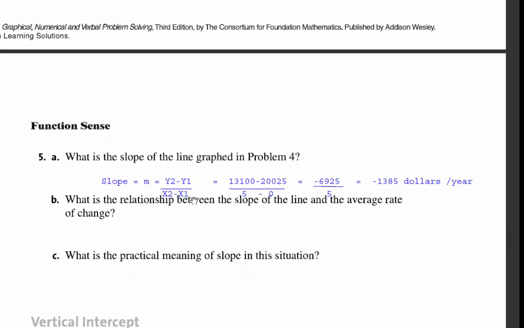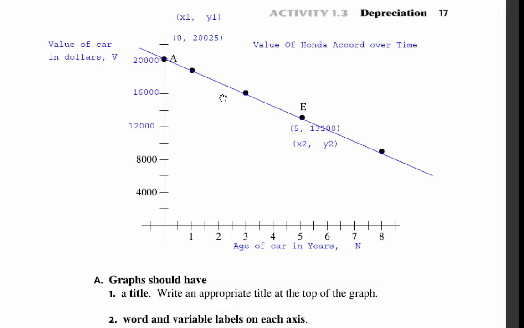So when I perform the algebra using that formula, y2 minus y1 over x2 minus x1, I end up with 13,100 minus 20,025 over 5 minus 0, and that cleans up to be negative $1,385 per year. So the slope of the line graphed in problem 4 is negative $1,385, right? That represents the steepness of this line, the slope, or the average rate of change.